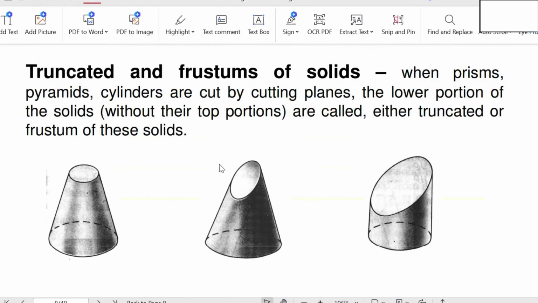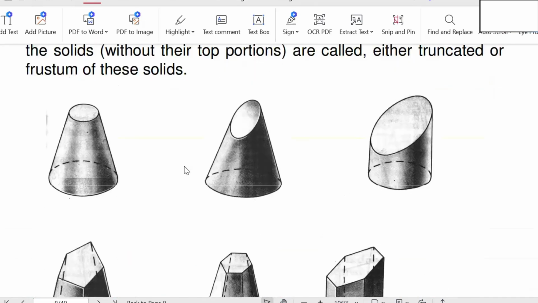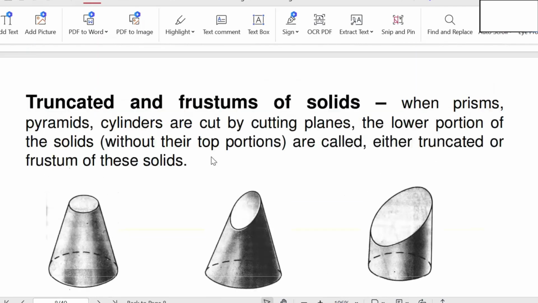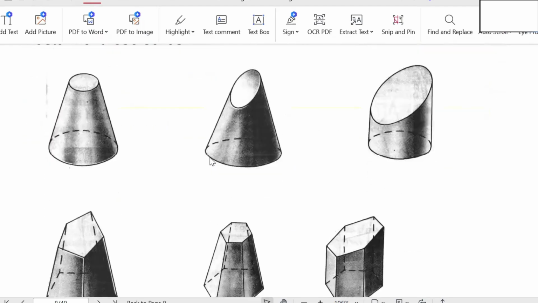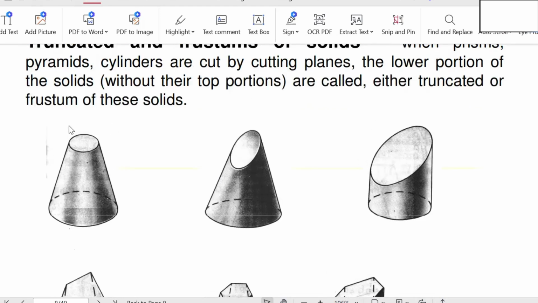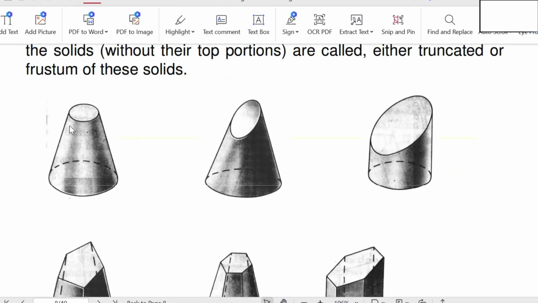If we observe these diagrams, some of them are related to frustum and some are related to truncated. This is a cone. First of all, a cone is considered. Then by using a section plane exactly parallel to the base, the cone is cut.